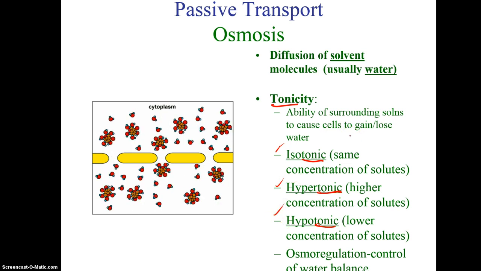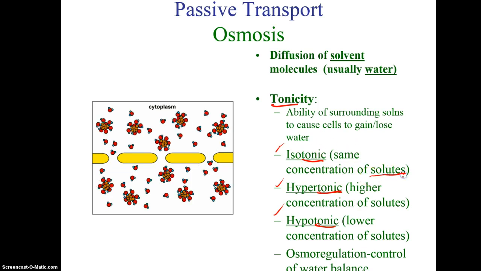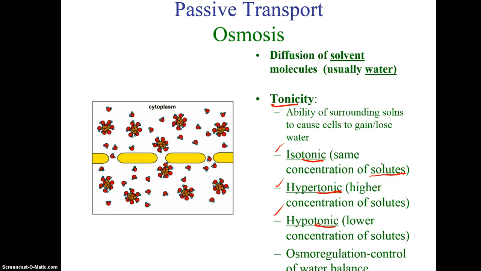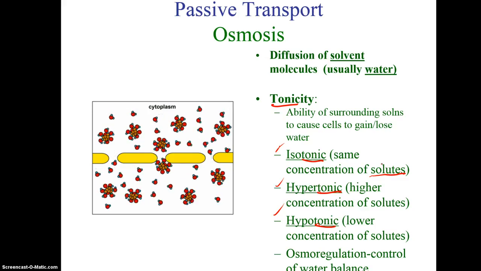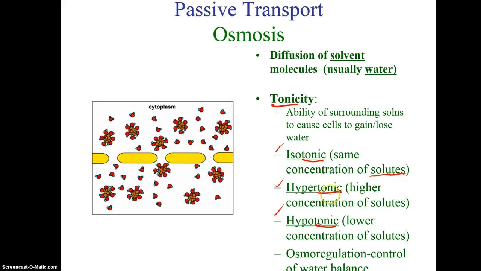Okay, now this gets a little bit tricky because when you look at these terms, isotonic, we're talking about the concentration of solutes. So if your solutes are equal, your solvent is going to be equal as well. That concentration. I'm not talking about volume, we're talking about concentration.